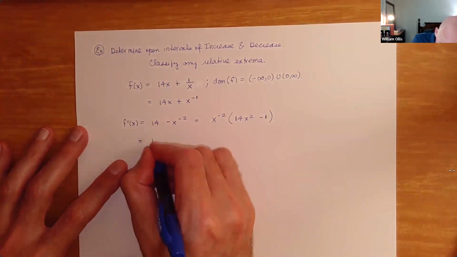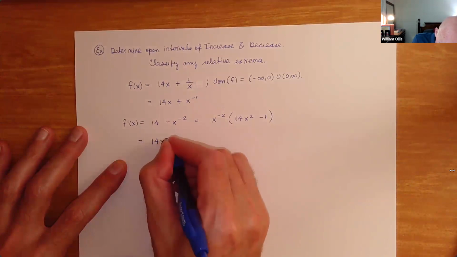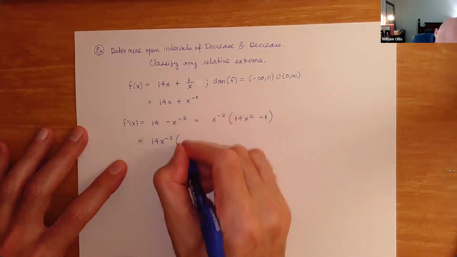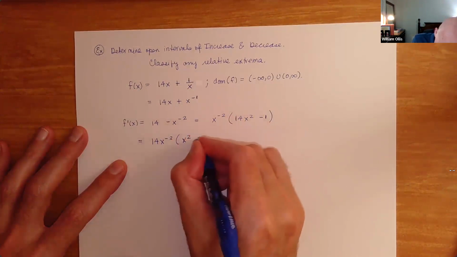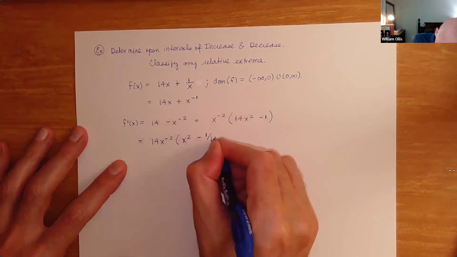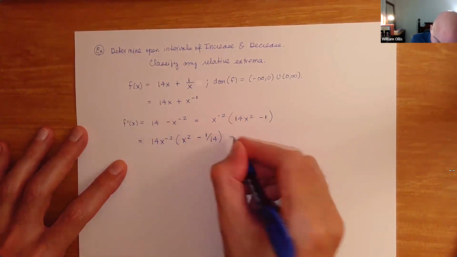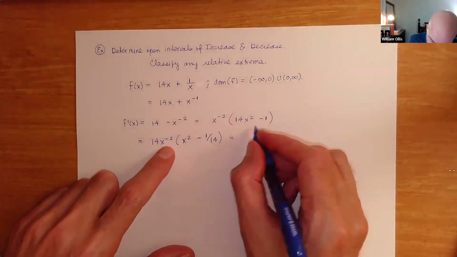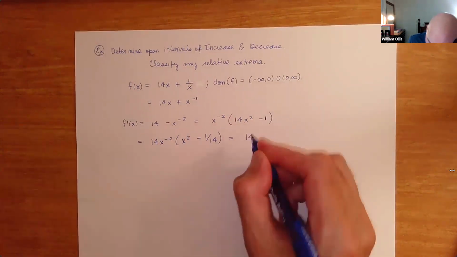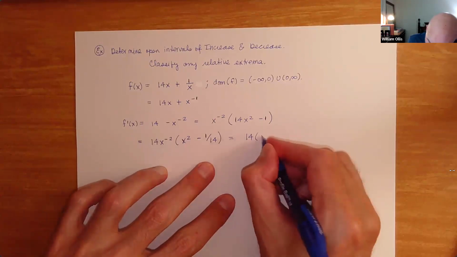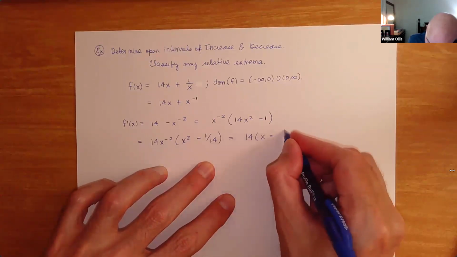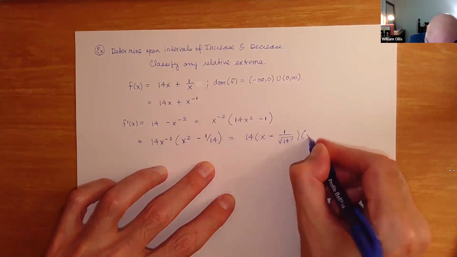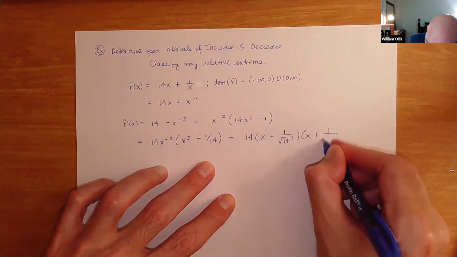So we have 14 x to the -2 times, now of course what's left is the x squared, and then of course we correct the -1 with a 14 downstairs like that. Now, if you will, we can just move the x squared downstairs without the negative. So we have 14 and factor the difference of two squares. So we have x minus 1 over the square root of 14 and x plus 1 over the square root of 14.